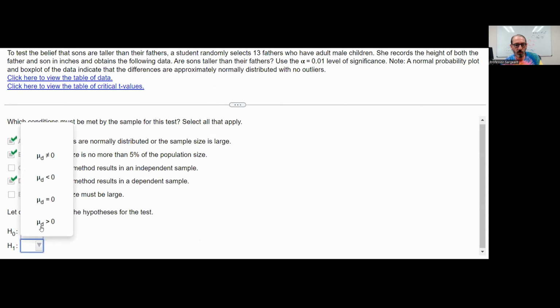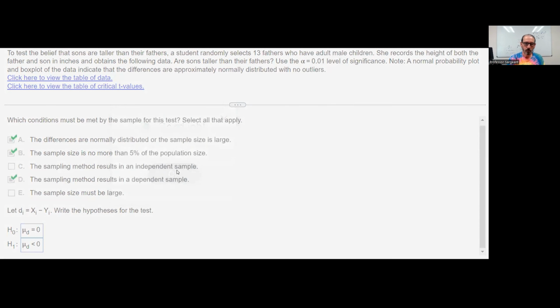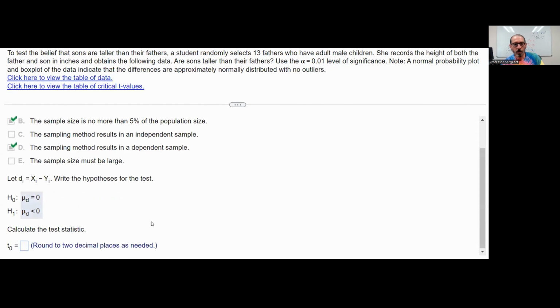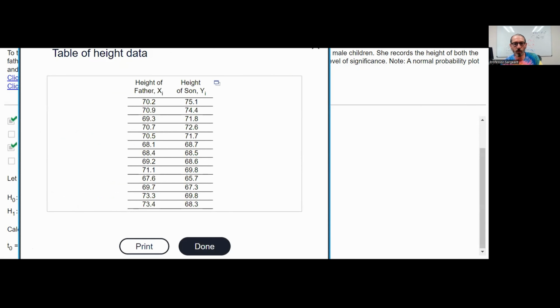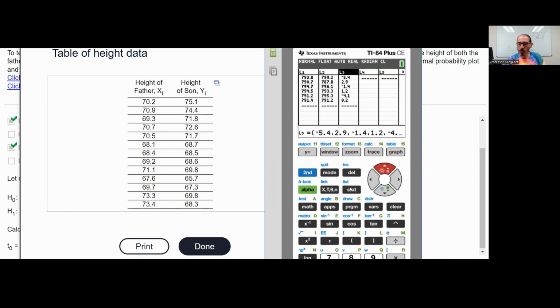I expect the population mean difference to be less than 0. Now I need this, besides, to see what order things were in. Okay, so we had 13 in the pairs. More to type. That's fun, huh?